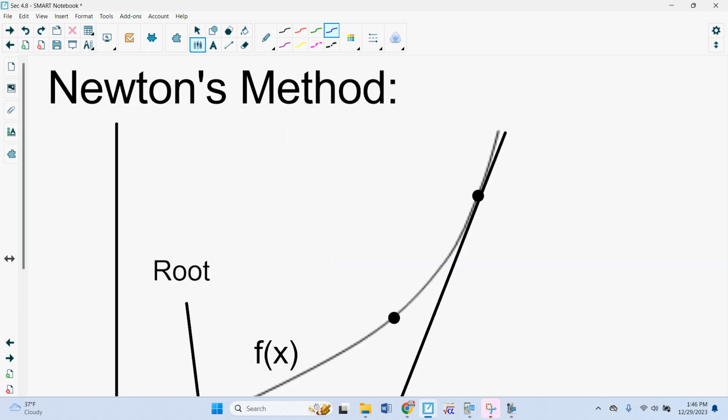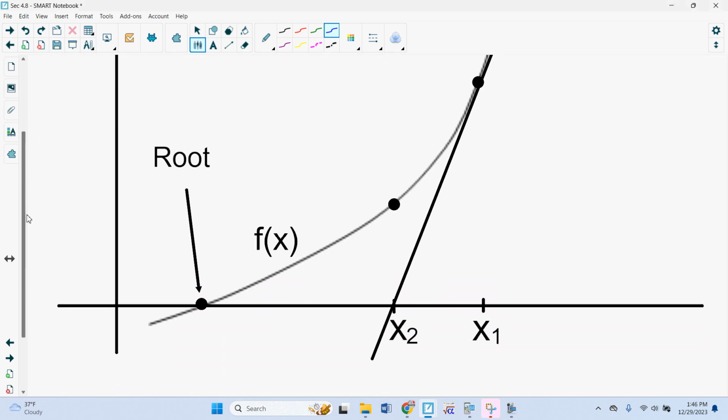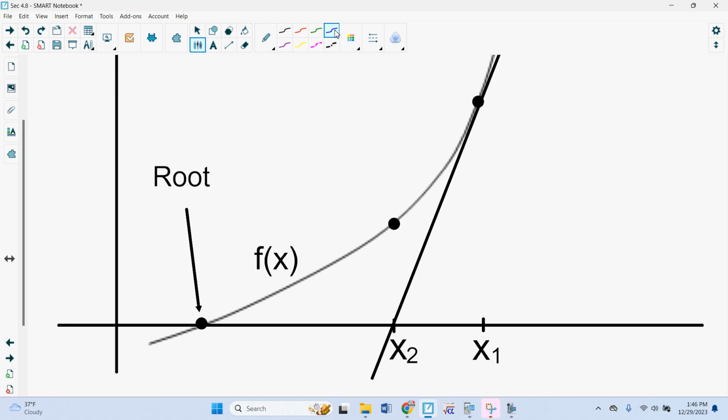Okay? So let's talk about how Newton's method works. What Newton's method does is, let's consider this picture here. We're going to start at some point here, x1. This is the initial guess. Think about when you do these on the calculator, it asks you for a guess to start your problem.